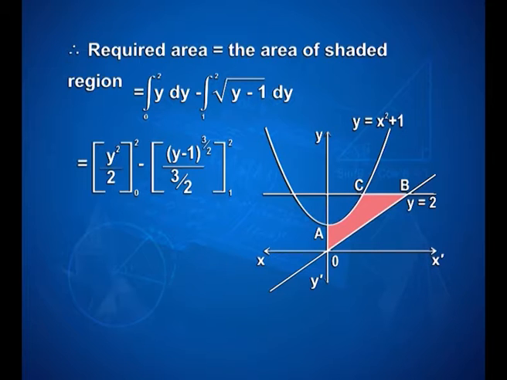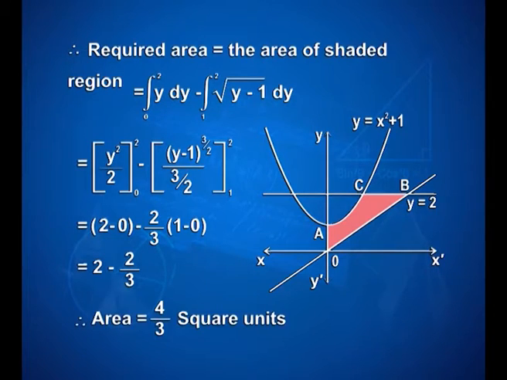On applying the limits, we have 2 minus 0 minus 2 upon 3 into 1 minus 0, that gives 2 minus 2 upon 3. Therefore, the required area is 4 upon 3 square units.